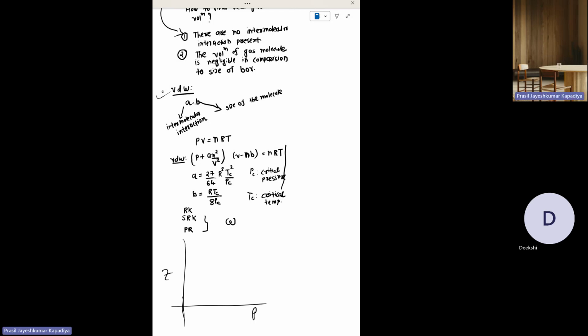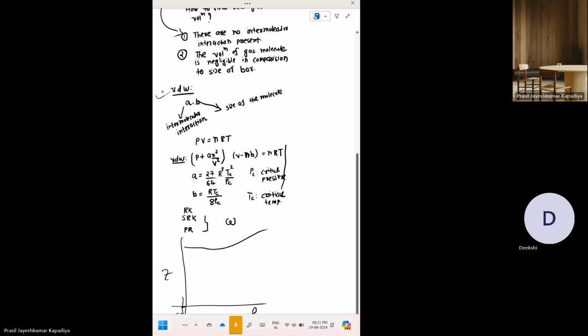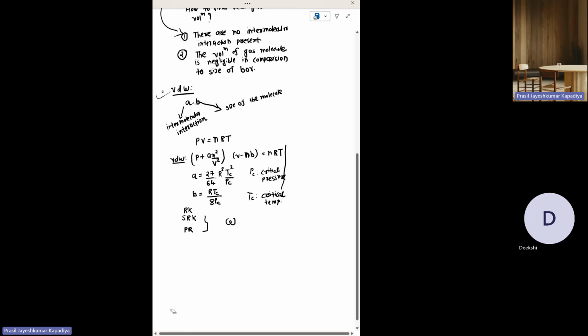This chart of Z versus P follows like this with temperature. Let me redraw this.